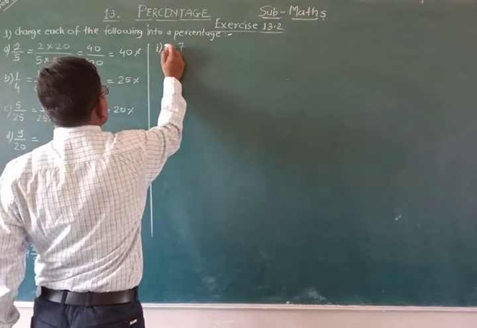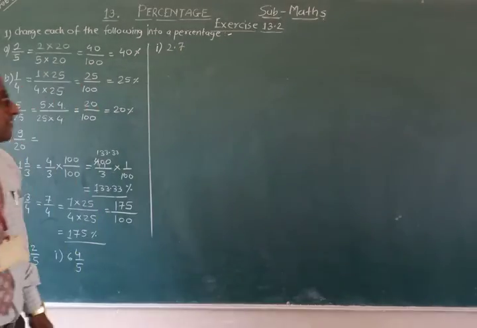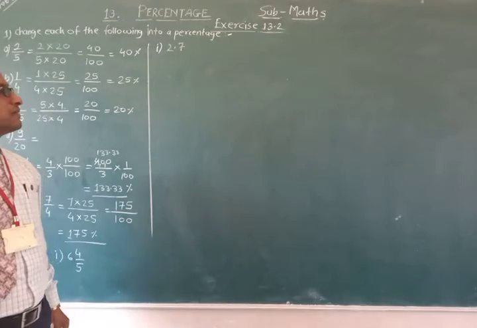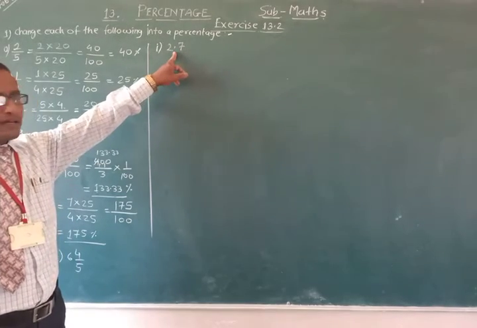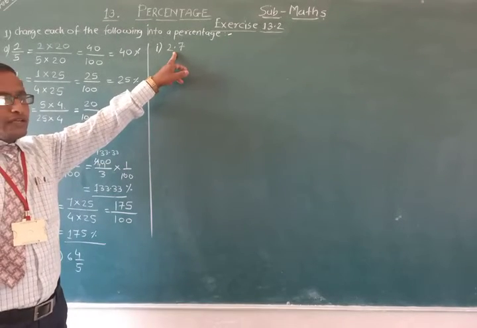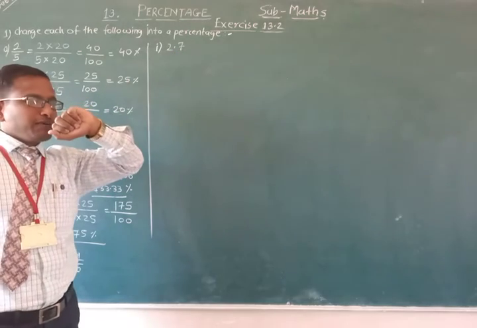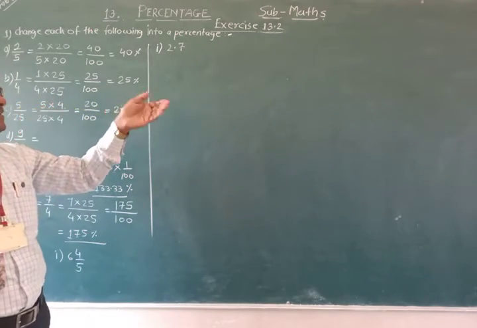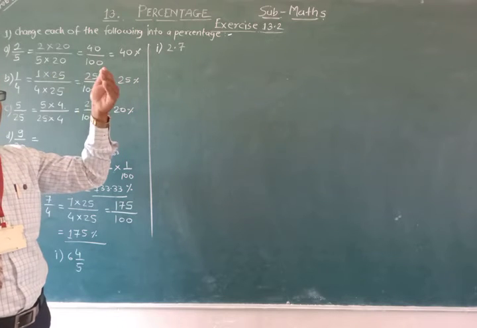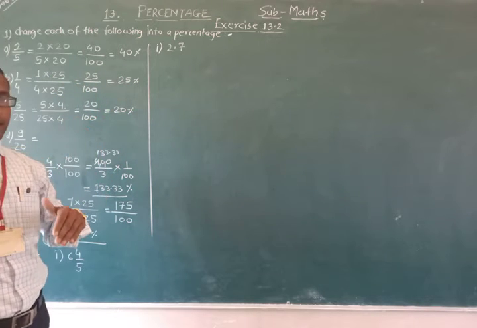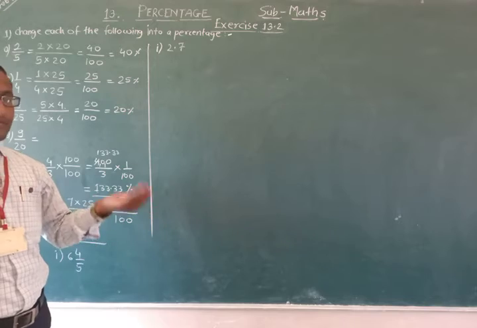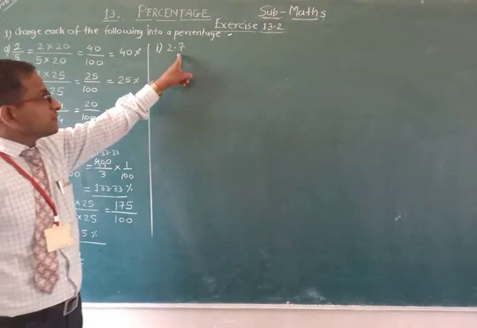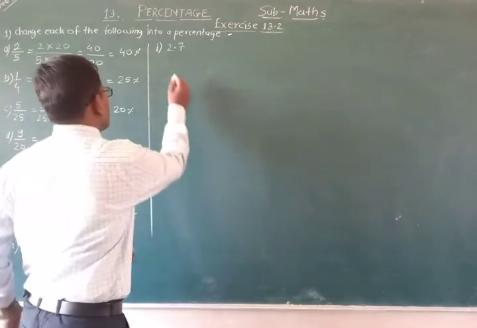Here these values are converted into percentage form. How to convert? Here the decimal point is after 1 digit. You know the decimal point after 1 digit means 1 upon 10. Decimal point after 2 digits, write 1 upon 100. Decimal point after 3 digits, write 1 upon 1000.